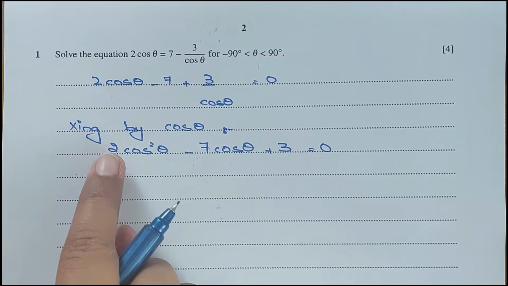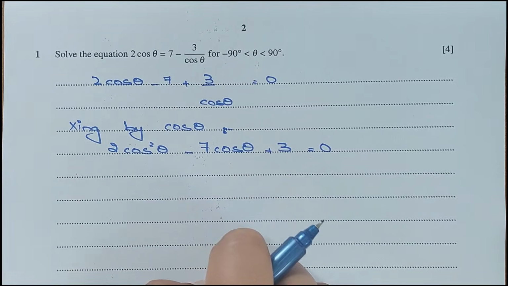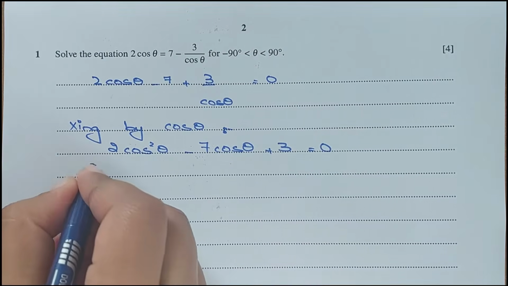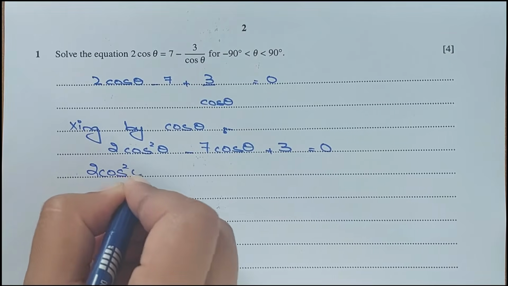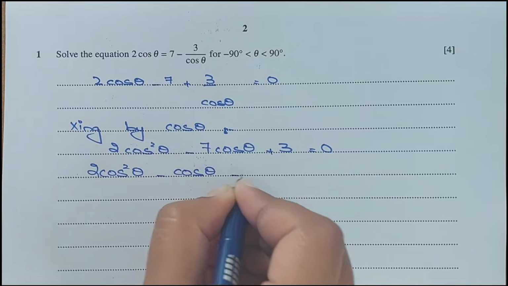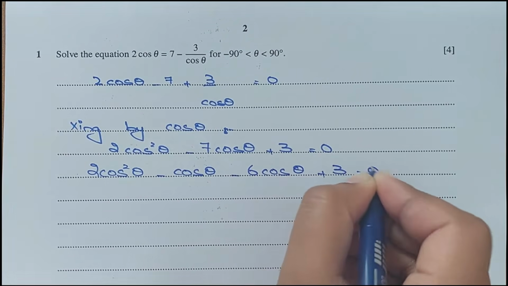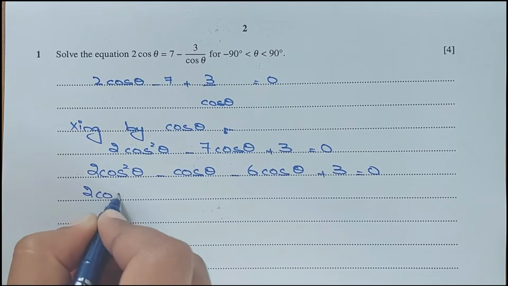Let's factorize this. 2 times 3 is 6, and 6 times 1 is 6, minus 1 minus 6 is minus 7. So 2 cos² theta minus cos theta minus 6 cos theta plus 3 equals 0. Cos theta is common.